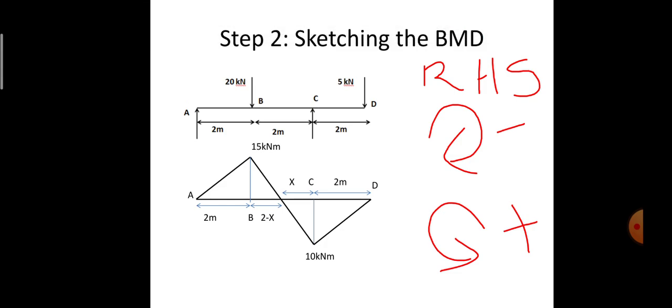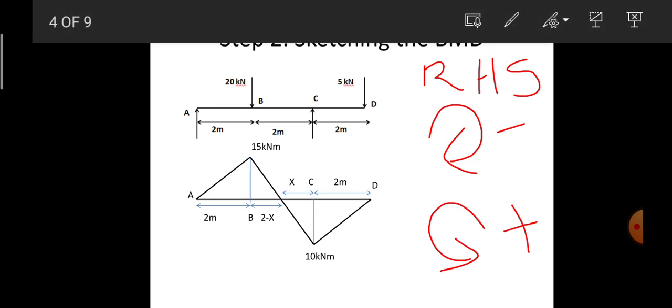But I'm going from right to left, in this example from D to A. Therefore I'll take anti-clockwise as positive and clockwise as negative.